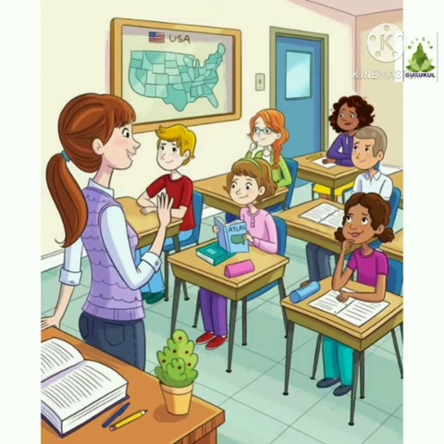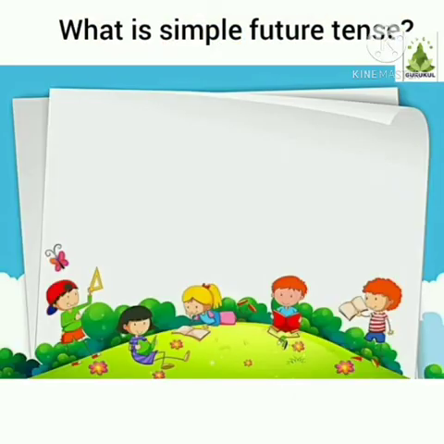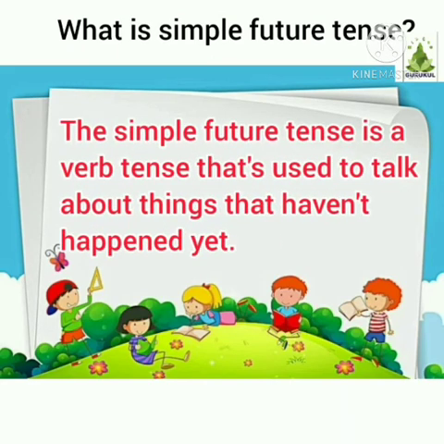First, let us understand what is simple future tense. The simple future tense is a verb tense that's used to talk about things that haven't happened yet. We use simple future tense to talk about an action or condition that will begin or end in the future.